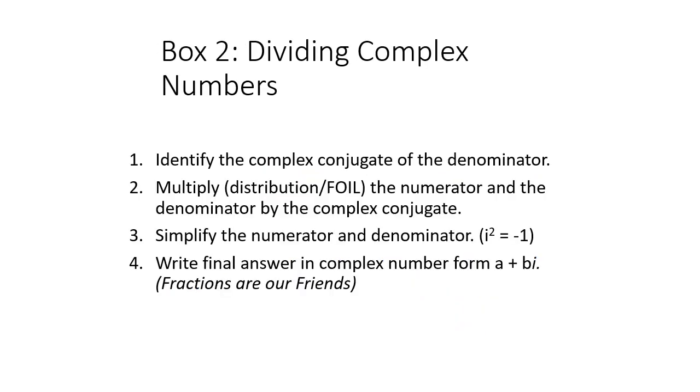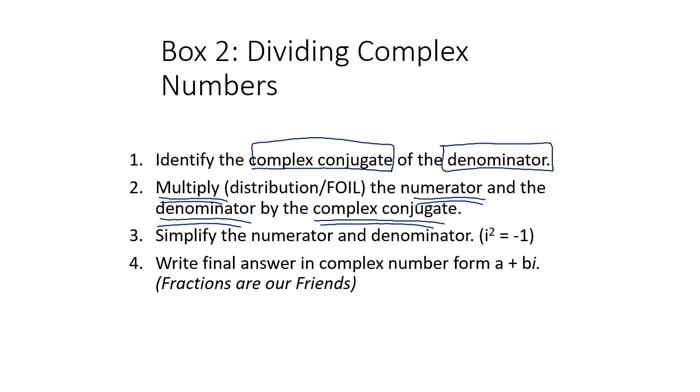Here are our steps for dividing complex numbers. Step 1: identify the complex conjugate of the denominator. Not the numerator, but the denominator. Step 2: multiply the numerator and the denominator by the complex conjugate.